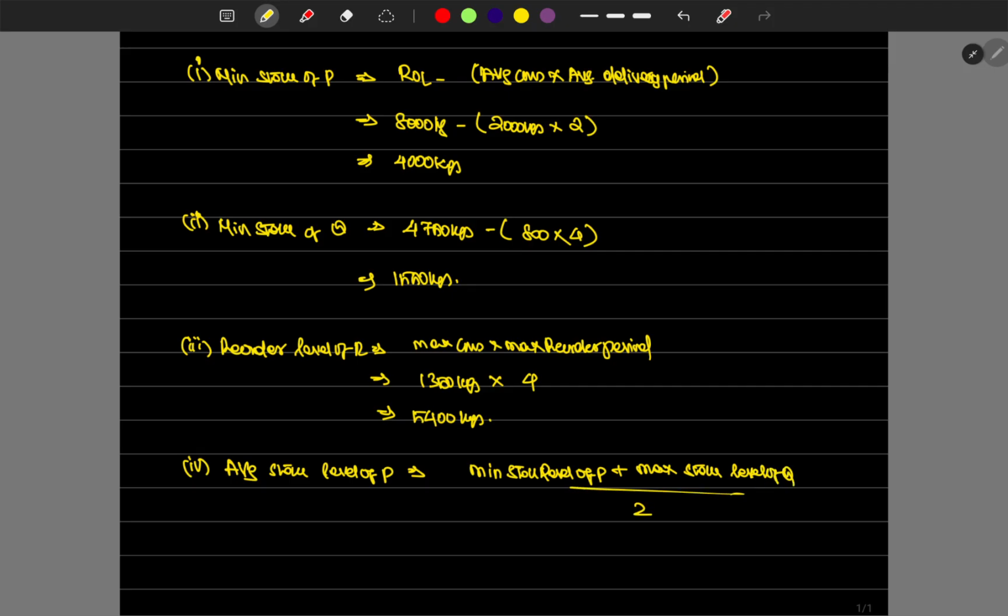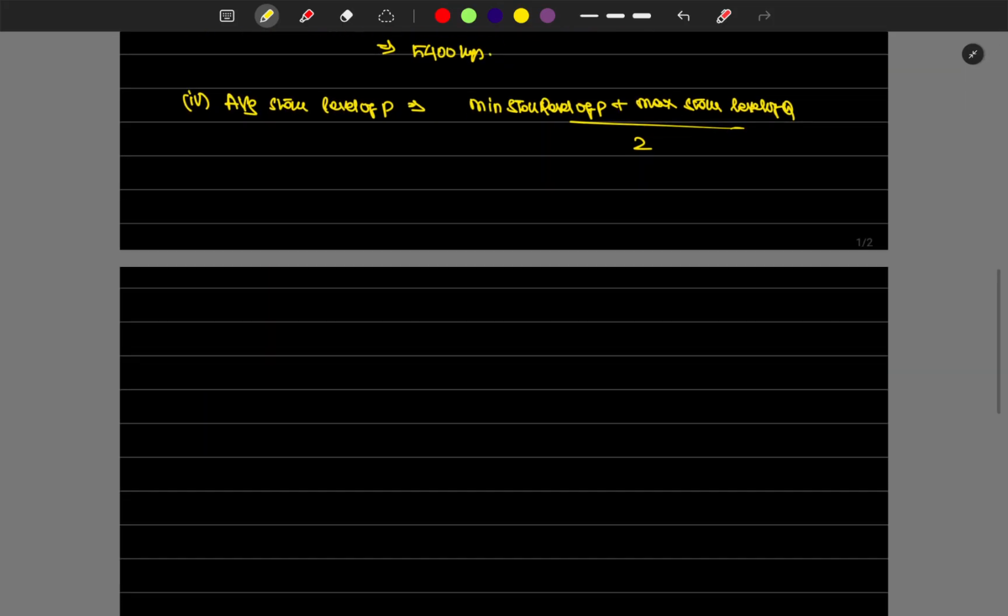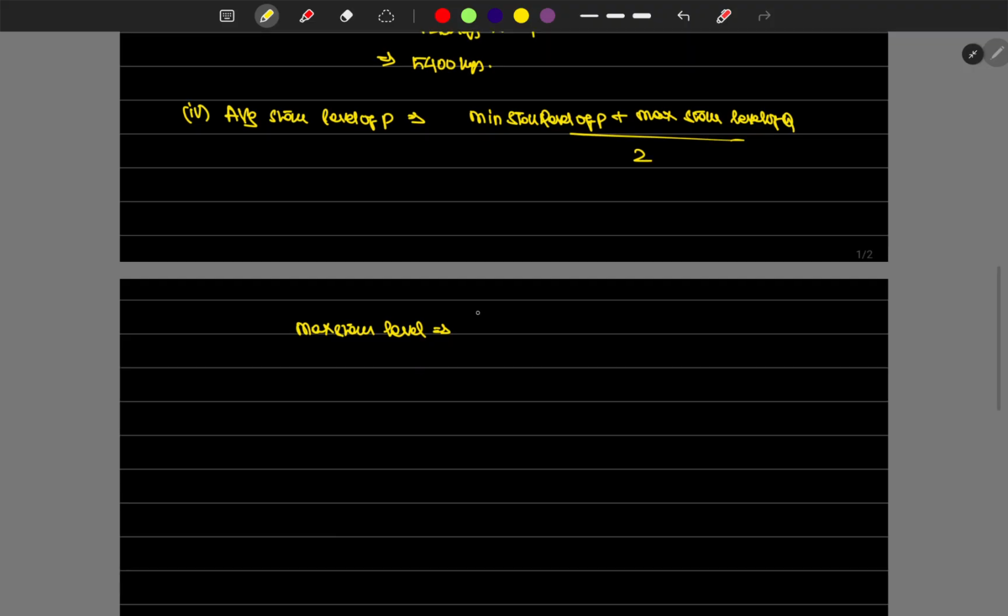We have the minimum stock level of P, but we need to find the maximum stock level of P. The formula is reorder level minus minimum consumption into minimum delivery period, plus ROQ.